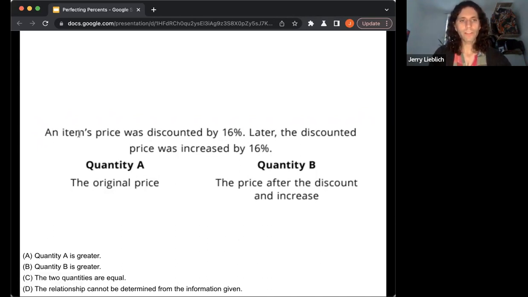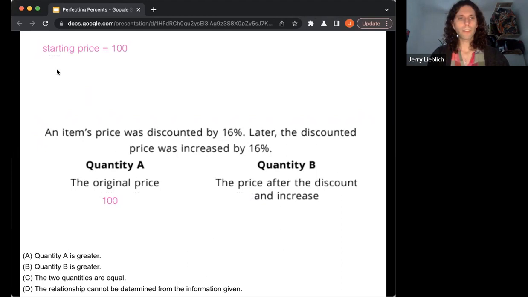First of all, let's notice they don't tell us the item's price. Let's just choose one. An easy one to choose is 100. So we know that the original price, quantity A, is 100.